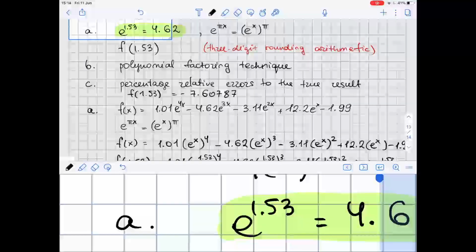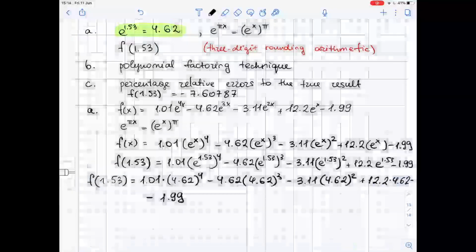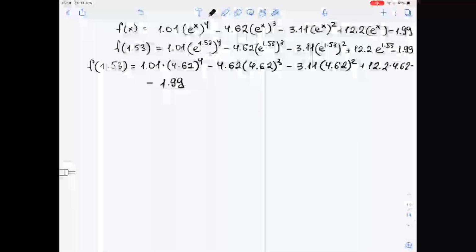So now we have this expression, and the last thing that we need to do is just to evaluate it, so to do all the calculations here.